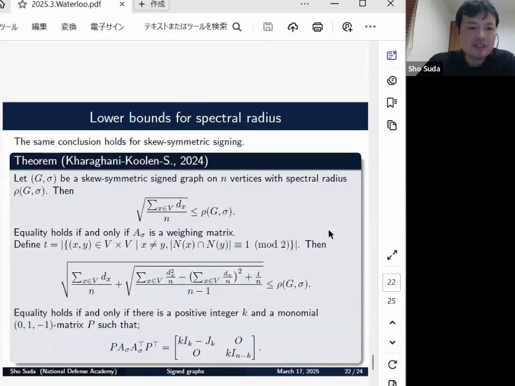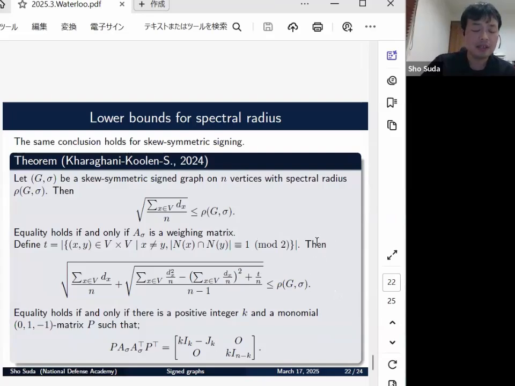Also, just the same as before, for skew-symmetric signings we can derive the lower bound. The first inequality corresponds, of course, to Gregory's inequality, and the same lemma can be applied to the skew-symmetric case. So we also obtained this second lower bound for the spectral radius of skew-symmetric signings.